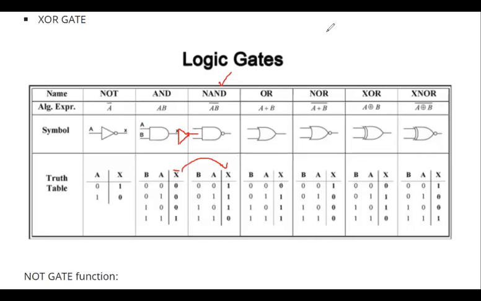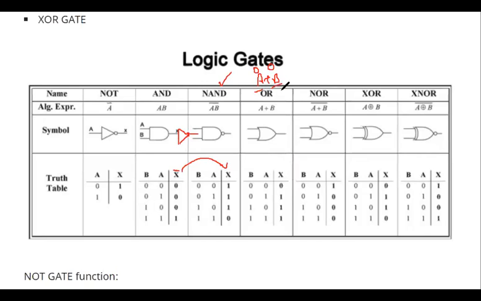Now OR gate. OR gate is A plus B, meaning either A or B. So if any of the two is 1, the output is 1. Only if it is 0, 0, then the output will be 0. Otherwise it will be 1.